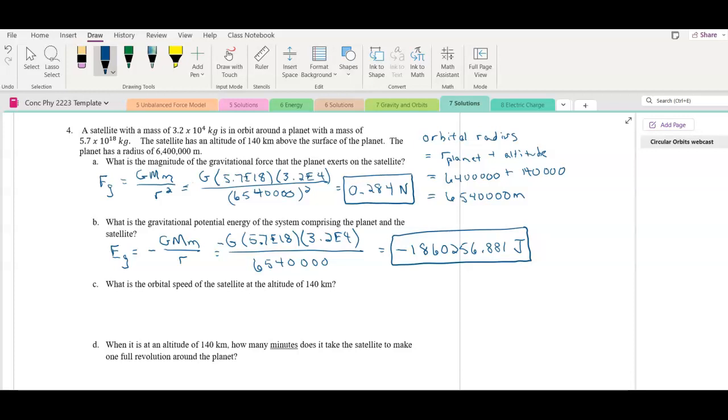Then it's saying, what's the orbital speed at that altitude? This is the same altitude that they told me above. Well, that formula is the square root of G times the big mass divided by the radius. The big mass is the mass of the planet.